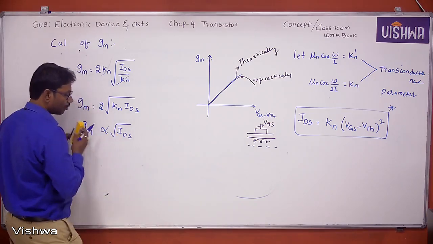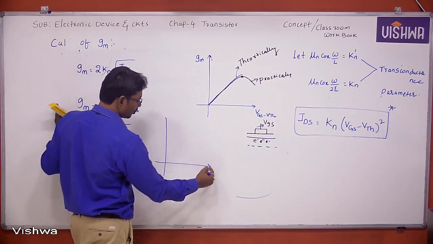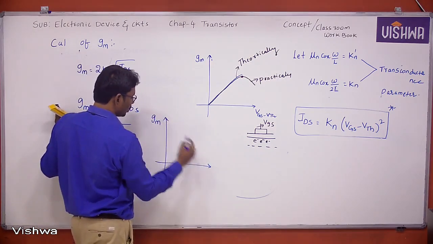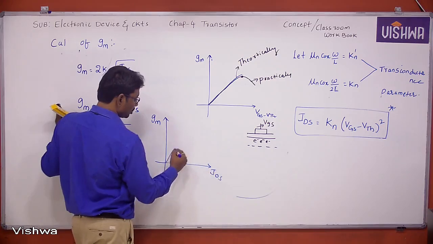Now what is the graph of transconductance versus current IDS? GM and IDS. See, this is sublinear.